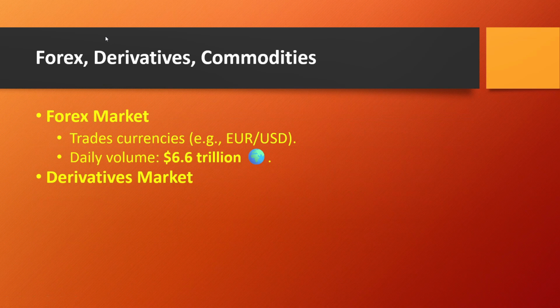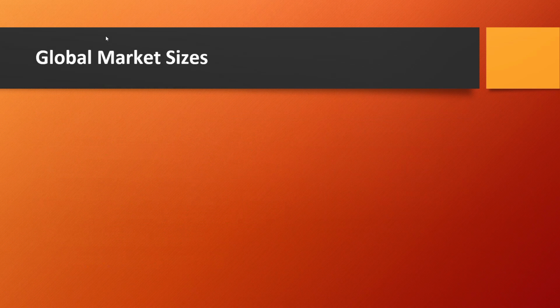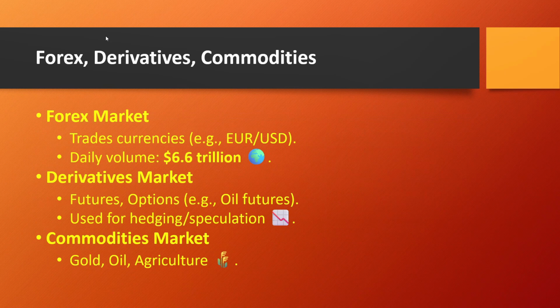These are used for hedging or speculation. For instance, a farmer might use futures contracts to lock in the price of wheat before the harvest. Third, commodities market. Trading physical goods like gold, oil, and agricultural products. For example, if you are investing in gold, you are participating in the commodities market. Each of these markets has its own unique dynamics and opportunities.